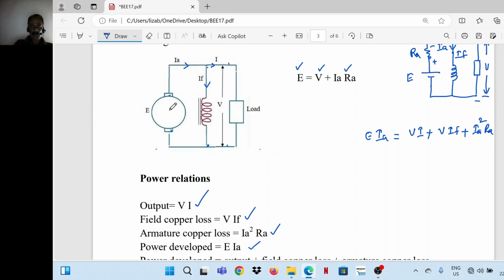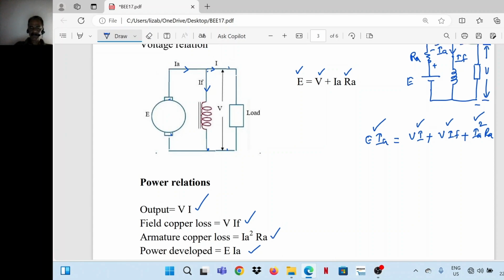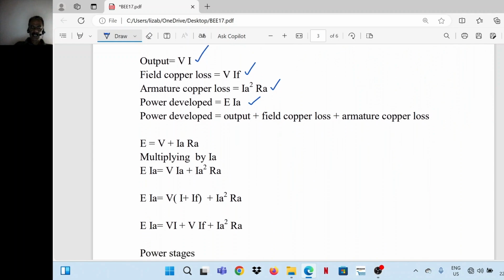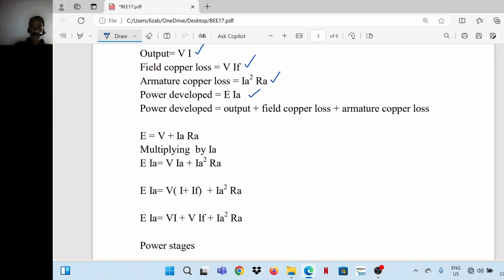So out of the total power developed, a portion is dissipated as heat in the armature conductors, that is IA square RA. Another portion is dissipated as heat in the field winding, which is equal to V into IF. And the remaining is supplied to the load, that is V into I. So the total power developed by the armature E into IA is equal to output plus field copper loss plus armature copper loss.